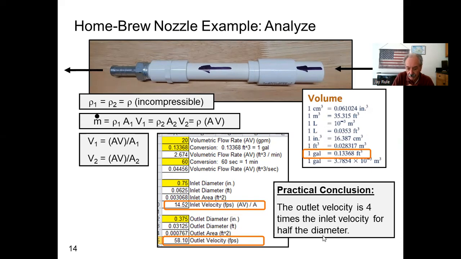And if we study that ratio, you'll see that the outlet velocity is 4 times the inlet velocity for only half the diameter. So that's a really cool observation for our homebrew nozzle or any nozzle. So you really get a lot of bang for the buck by decreasing the area from the inlet to the outlet.